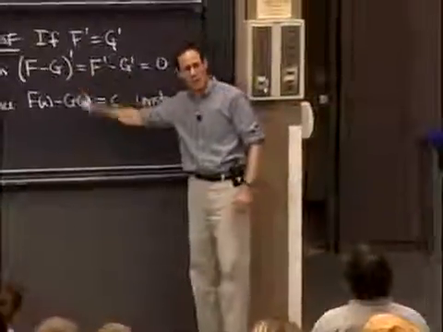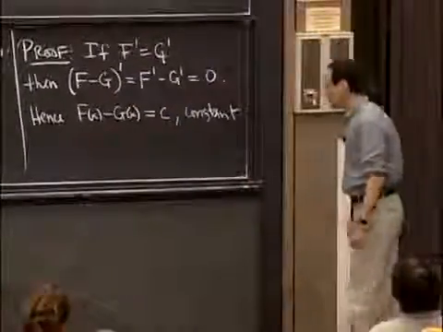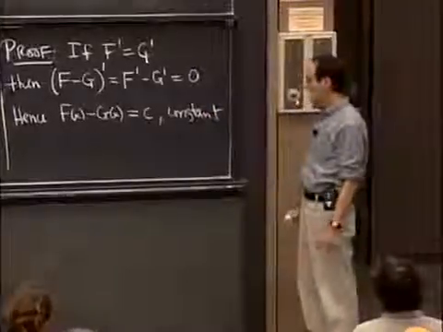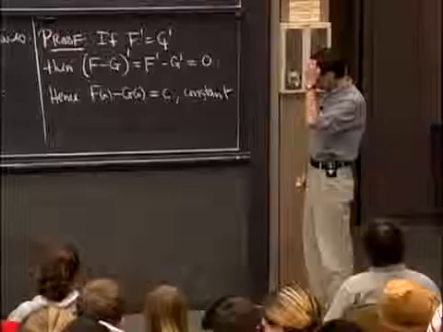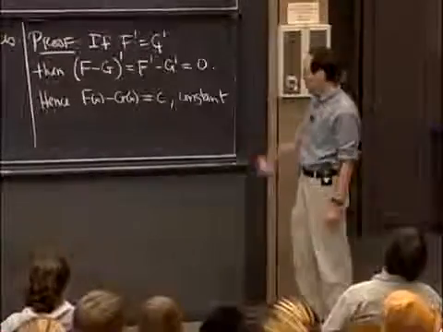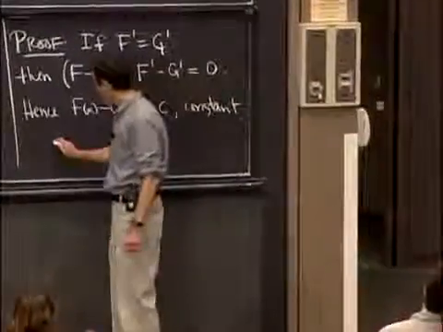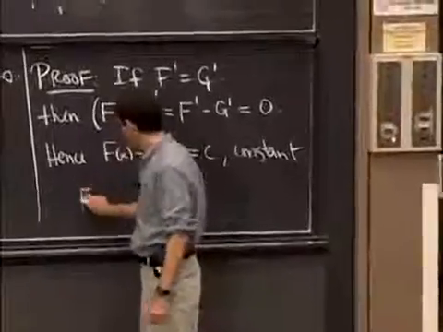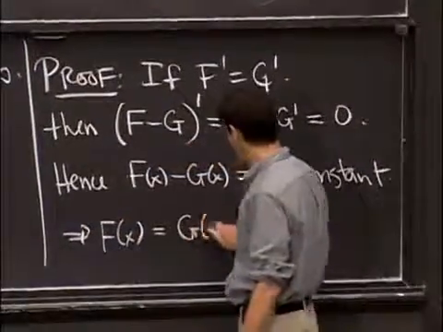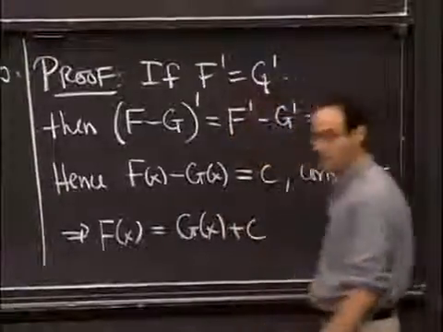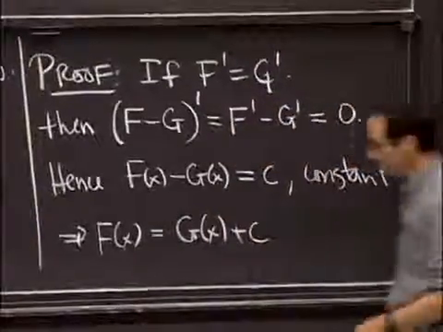The point is the rate of change is supposed to determine the function up to this starting value. So this conclusion is very important, and we already checked it last time. And now just by algebra, I can rearrange this to say that f of x is equal to g of x plus a constant.